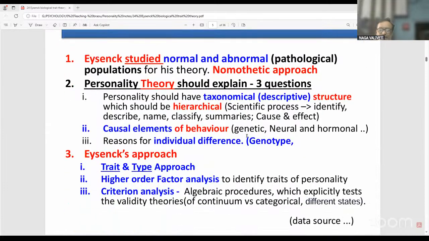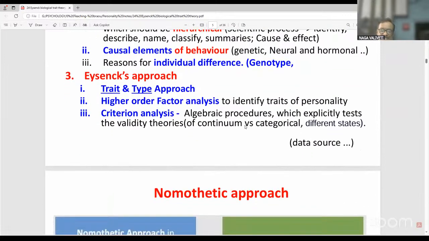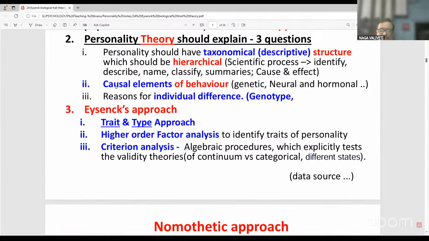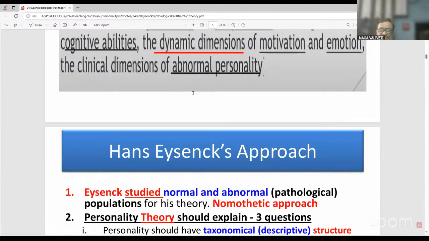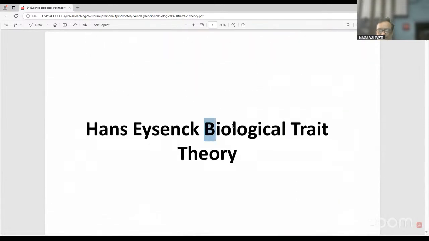He studied not only normal persons but also abnormal persons, all people combined, so it is a group study, a nomothetic approach. Then he gave a hierarchy of the traits and tried to find the causal elements: genetic, neural, and hormonal. Please remember his theory's name: biological trait theory.